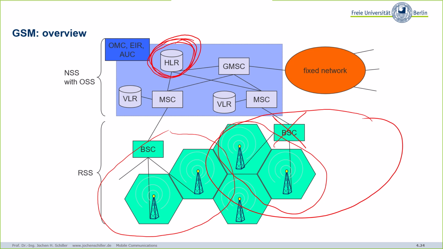So 3 different HLRs for Germany and with replicated data, but still there was a case that there was a failure in one of the databases, there was a software update in the other one, and the problem was then no one could actually reconnect to the network because, well, in the end, no one can register if there's no HLR. So that is a problem.